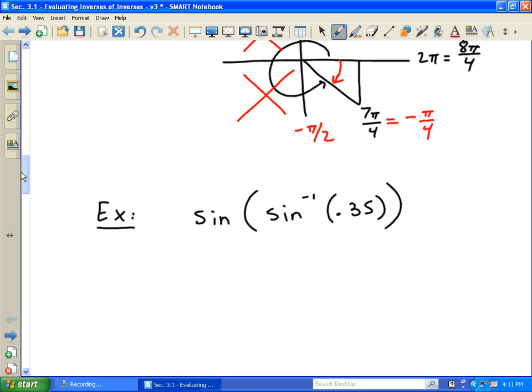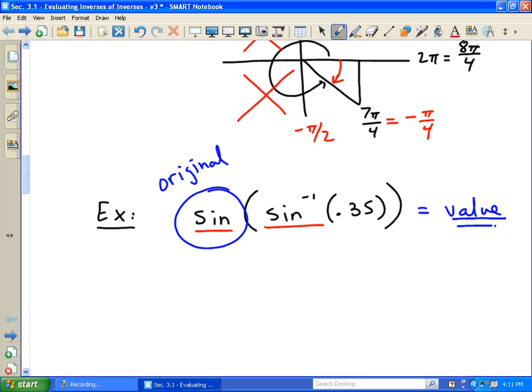The difference is the outside function is the original sine function. That means that when we get done, we're going to be finding a value, not an angle, a value. We see the sine function sitting next to sine inverse, so we say that those, quote, cancel out. And what we're left with is 0.35.